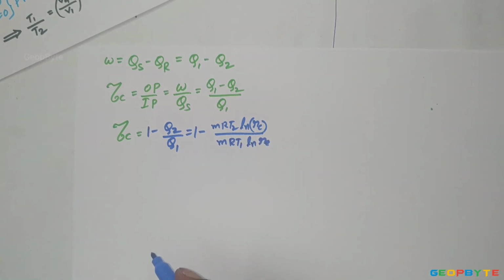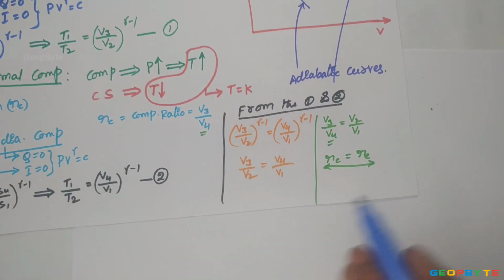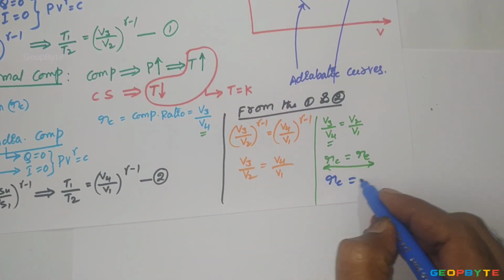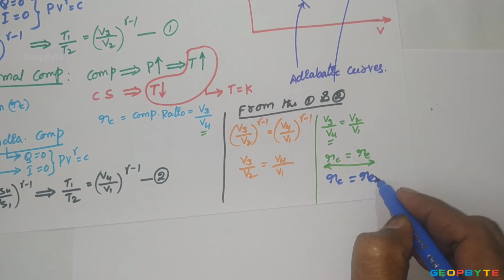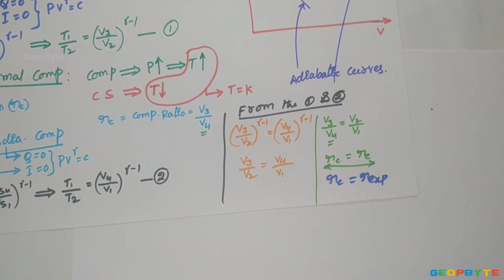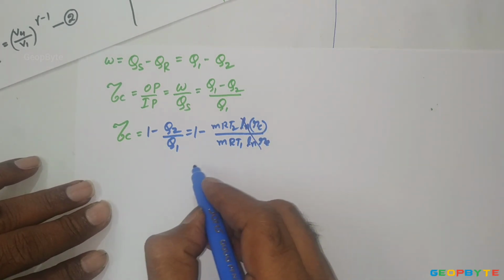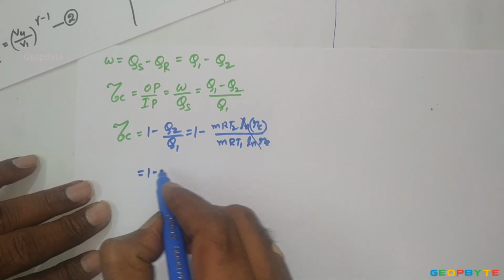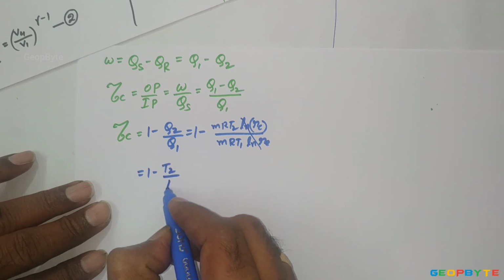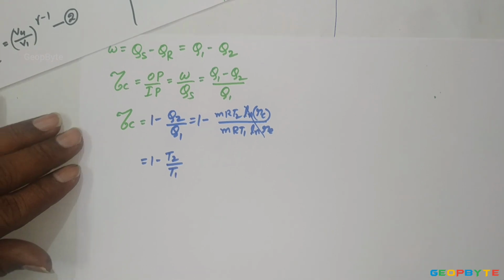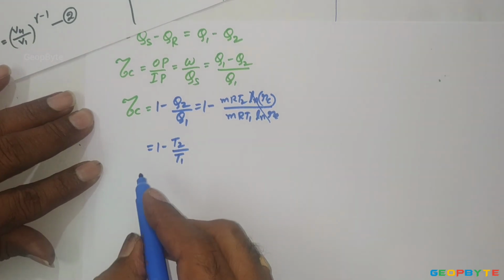But we proved that compression ratio equals expansion ratio. Here ln Rc and ln Re cancel, MR cancel. Finally it is 1 minus T2 by T1. That is the formula to find the efficiency of the Carnot cycle.